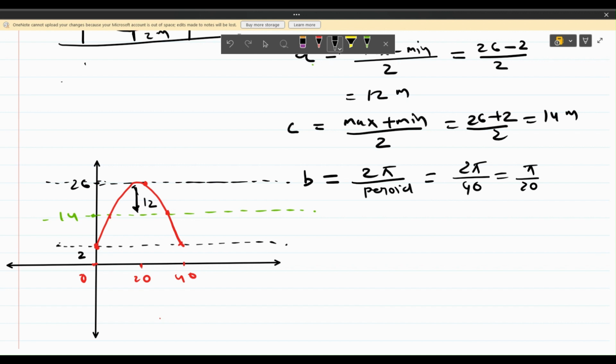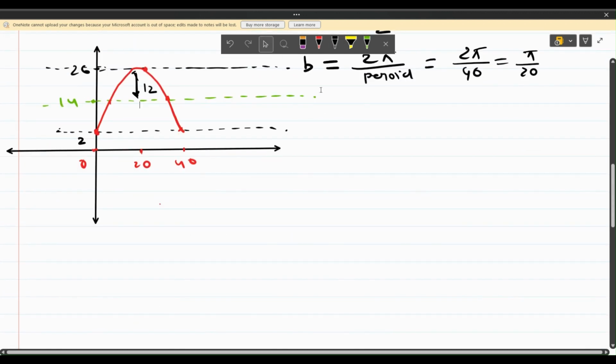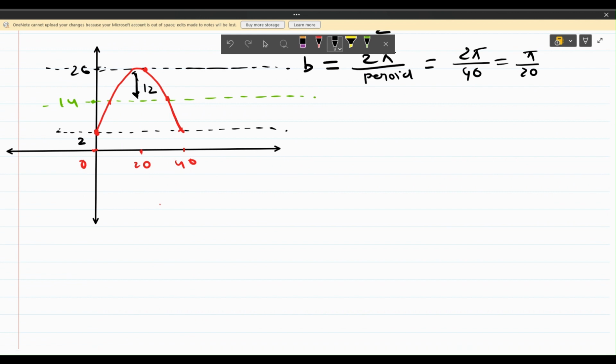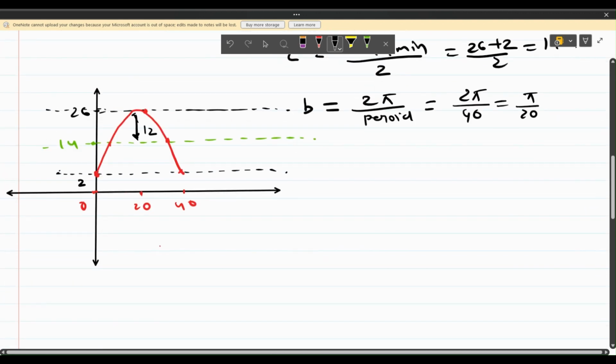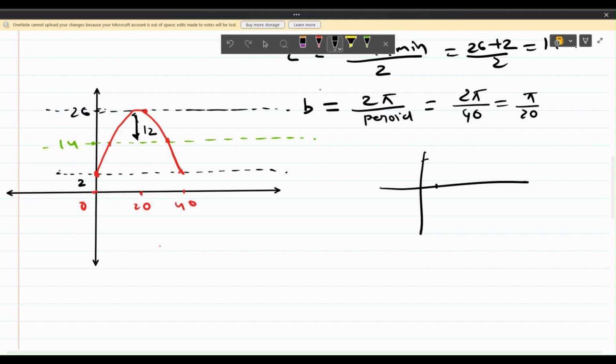Now for the function, any sinusoidal curve can be modeled using a sine or cosine function, but here in the question it is given as a cosine function. If you compare with the cosine graph, it starts from its maximum point.